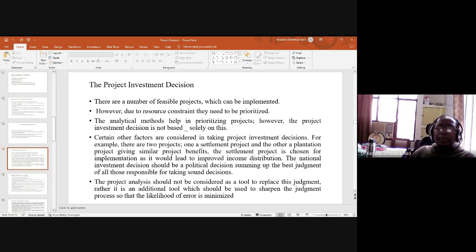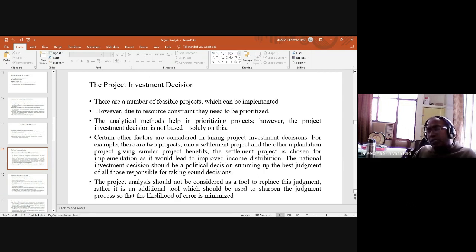The project investment decision. This is the most important point. How will a project investment decision come up? From where can it come? Who will invest in that project? How can the returns be framed, and ultimately how can a customer or the stakeholders be satisfied while implementing projects for the overall agriculture development, or any type of development?